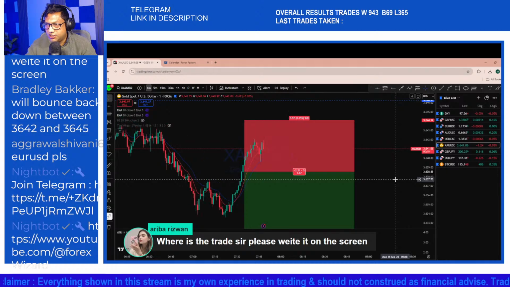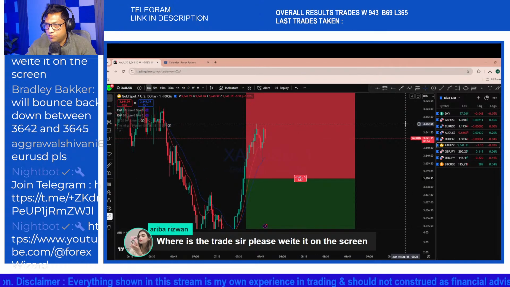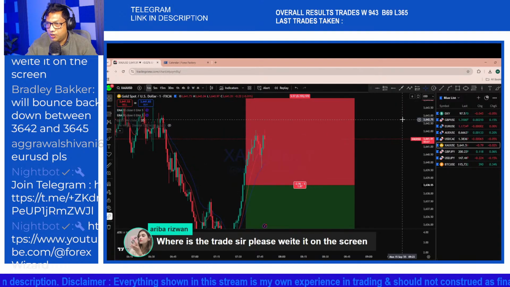We see some rejection coming here with a double top. This double top is significant. I'd like to see it closing as a bear candle or as a doji.